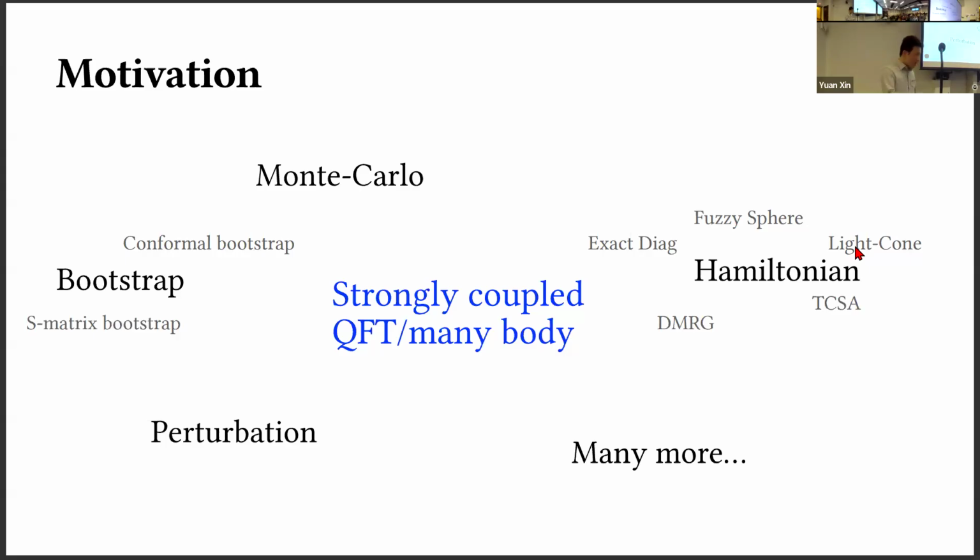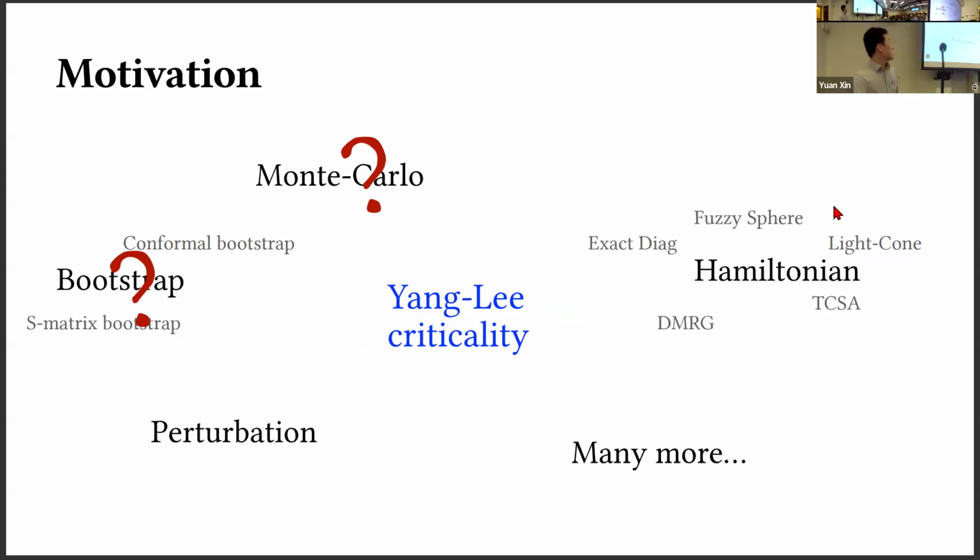These methods are very useful in cases where we don't have very powerful tools from the other methods, say bootstrap and Monte Carlo. I put a question mark here because I don't want to say that Monte Carlo and bootstrap are not good for Yang-Lee criticality, but certainly with non-Hermitian or non-unitary theories, both Monte Carlo and bootstrap don't have their most powerful tool, the one people are most proud of.